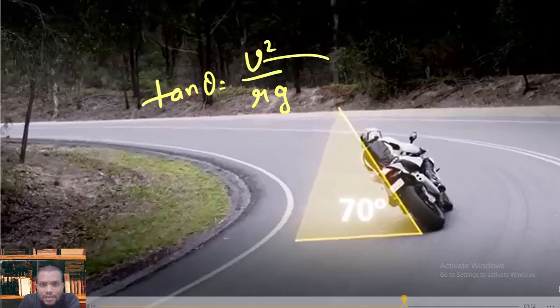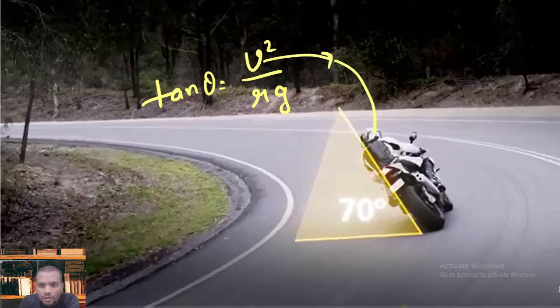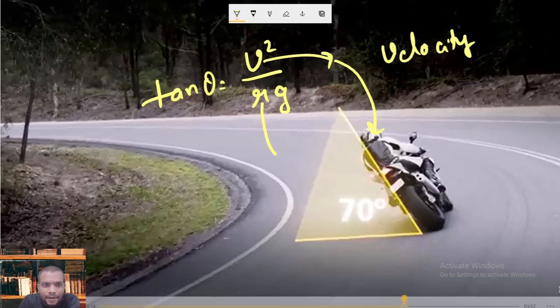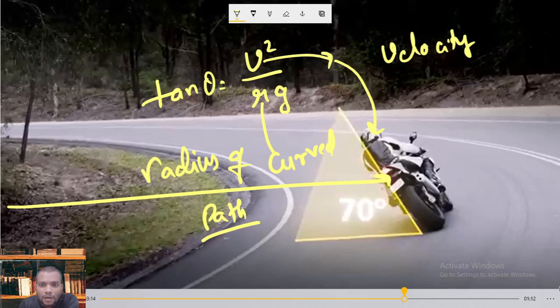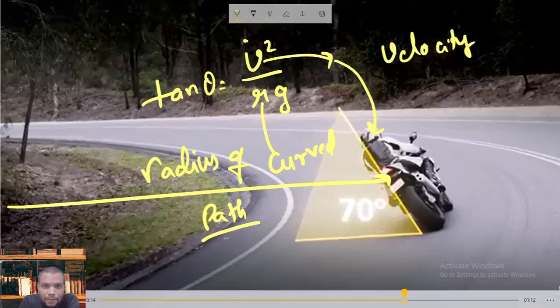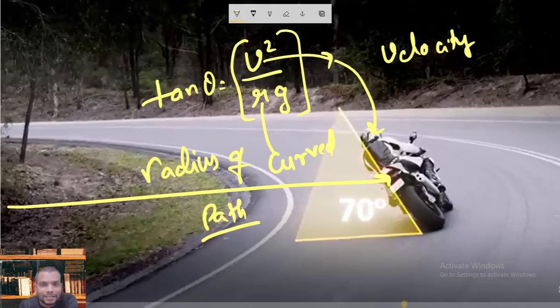Here v is the velocity of the motorcyclist, and r is the radius of curvature, or the radius of the curved path. Now the angle theta purely depends upon this factor.